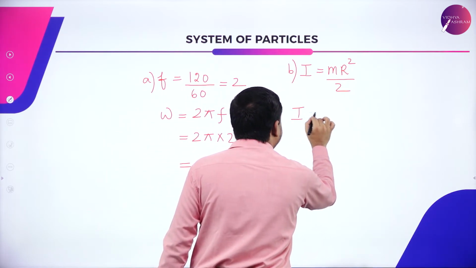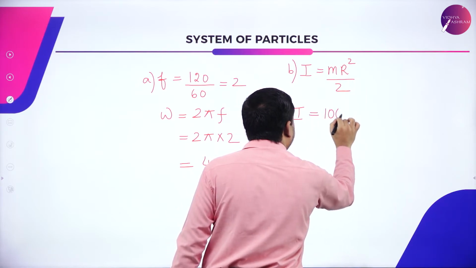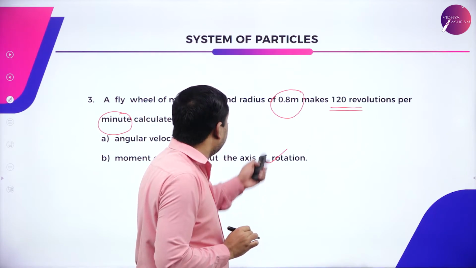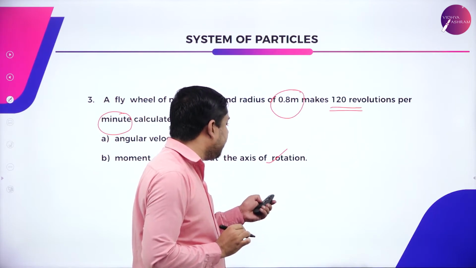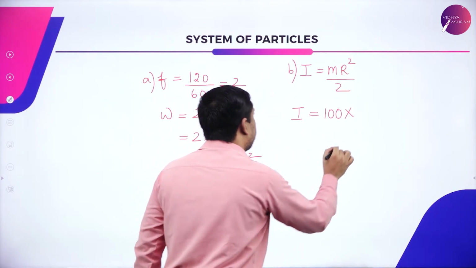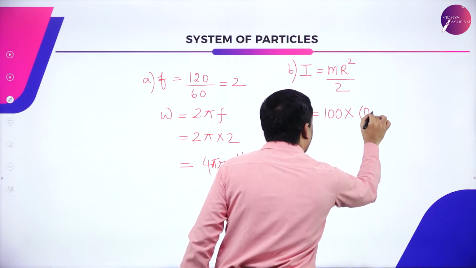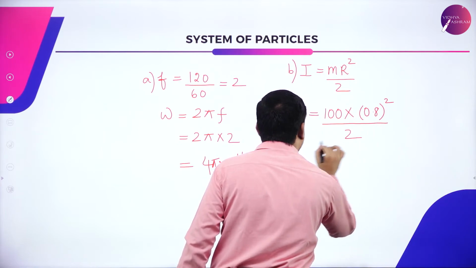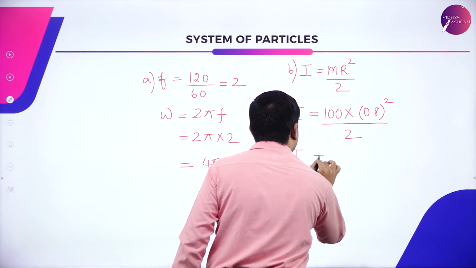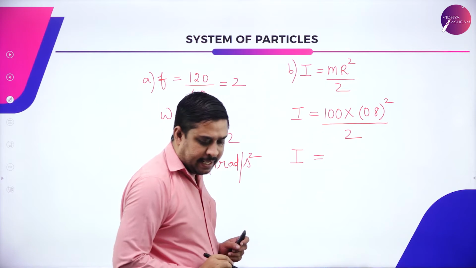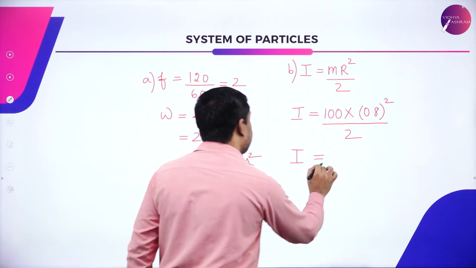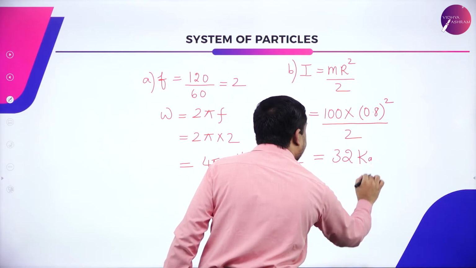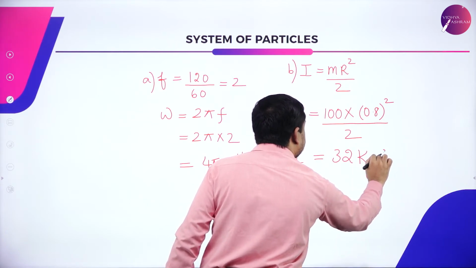So I is 100 into, radius is 0.8 meters, so 0.8 square by 2. When you simplify, moment of inertia turns out to be 32 kg meter square.